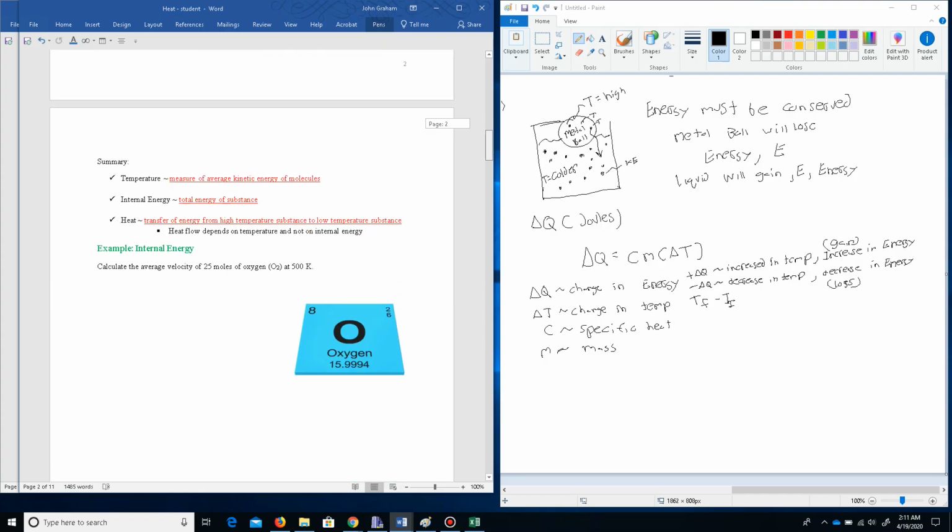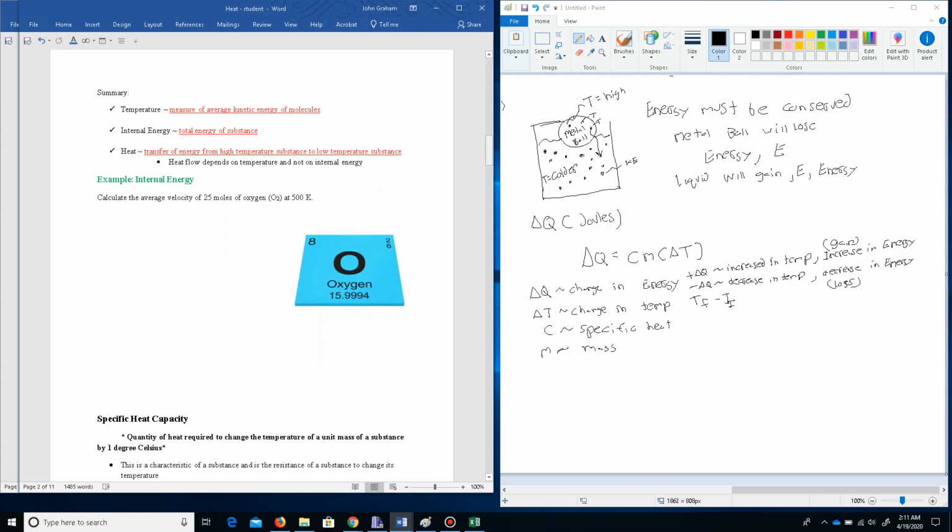Alright. So, in summary, I want to go through 3 things before we get into this example. Temperature is the measure of the average kinetic energy of the molecules. Internal energy is the total energy of the substance. Heat will transfer energy from a high temperature substance to a low temperature substance. Heat flow depends on the temperature and not the internal energy.